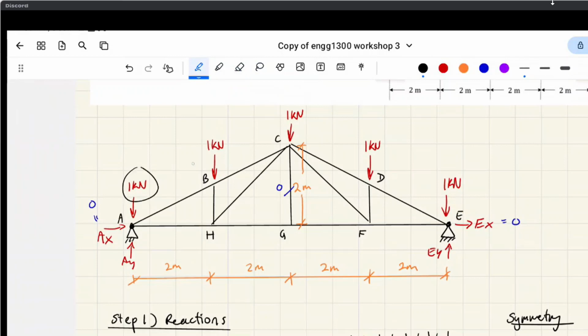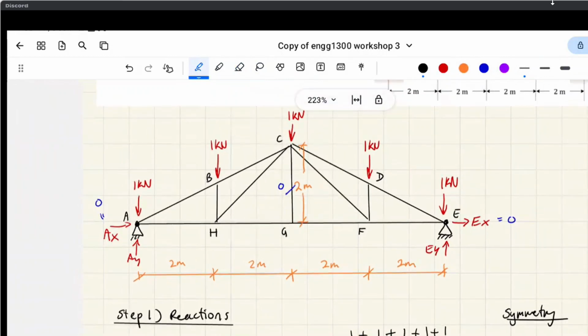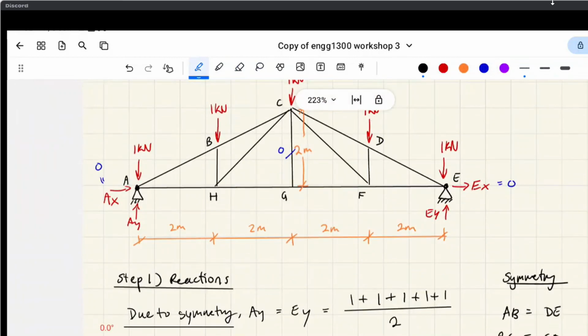That comes from the external loads, right? They're taking all the vertical external loads, and they're both taking the same amount, split in two. So they're both equal to 2 kilonewtons each. So that's the support reactions.